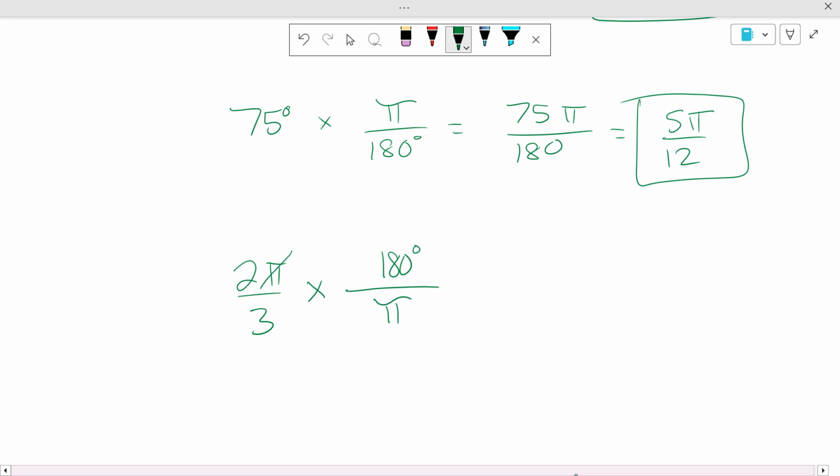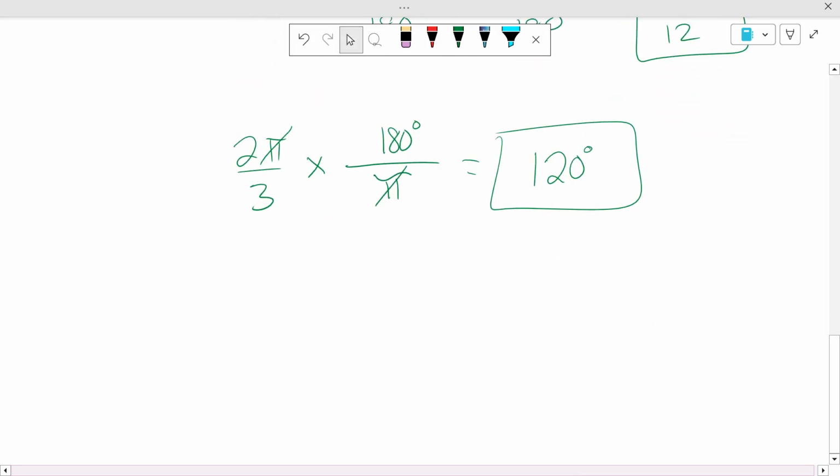So my pi's are going to cancel, and I take 2/3 of 180. What's 2/3 of 180? 120 degrees. Do another one.